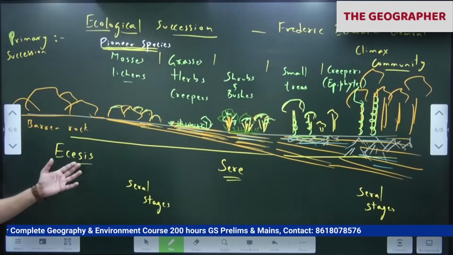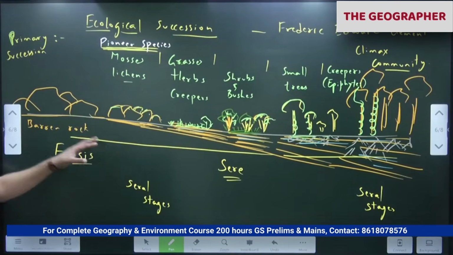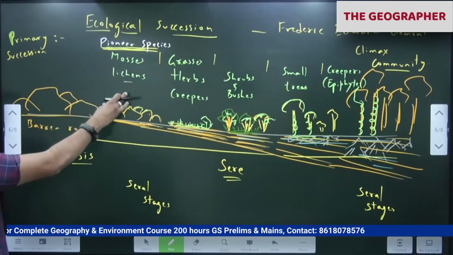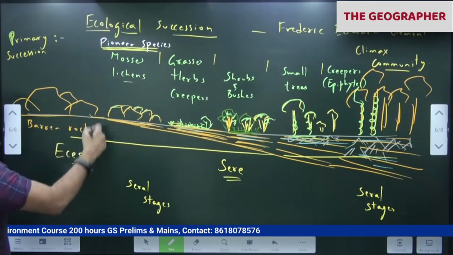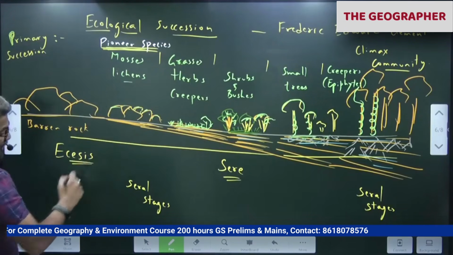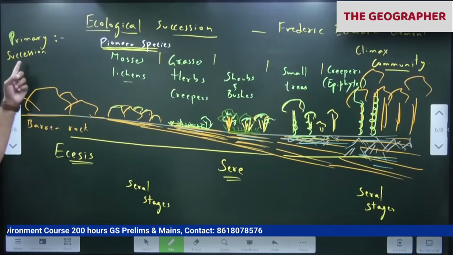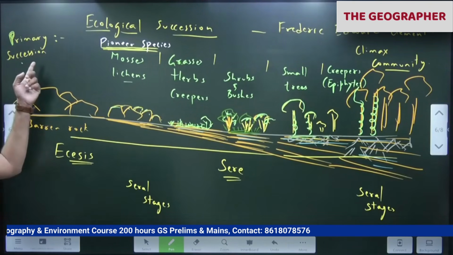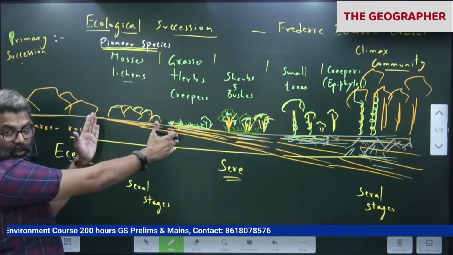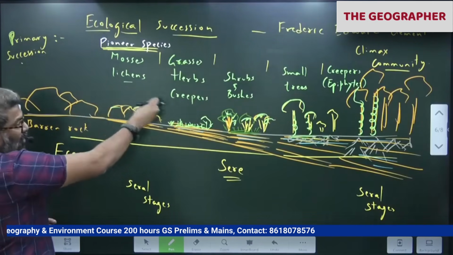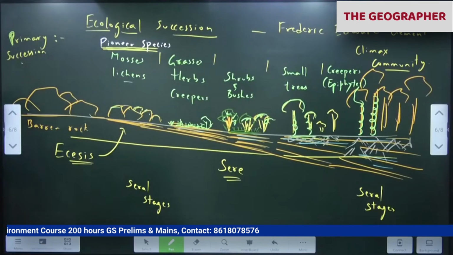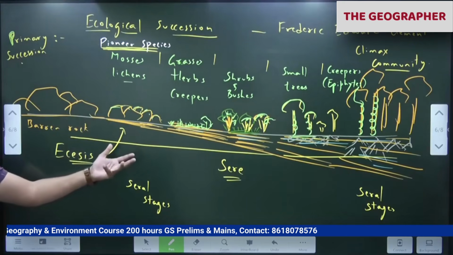Ecesis is the word for the successful establishment of a plant community in a new area. See, this is barren rock. Slowly, mosses, lichens, grasses and herbs started growing. That successful establishment of a plant community in a new area is called ecesis, because there was nothing, and slowly the first stage formed.